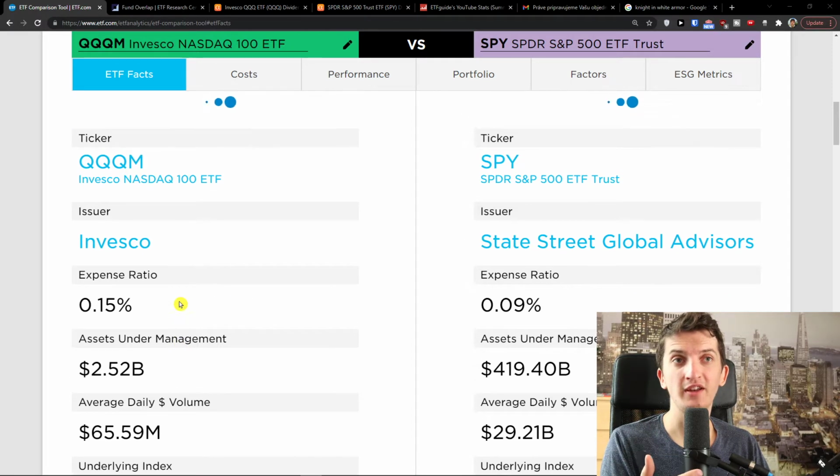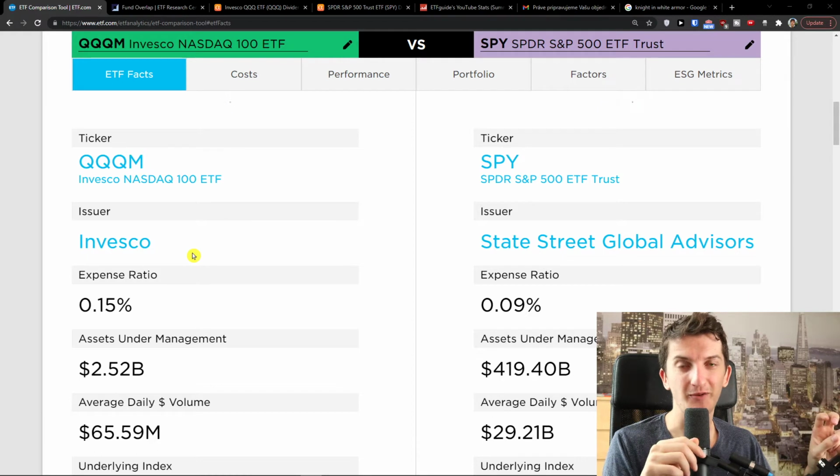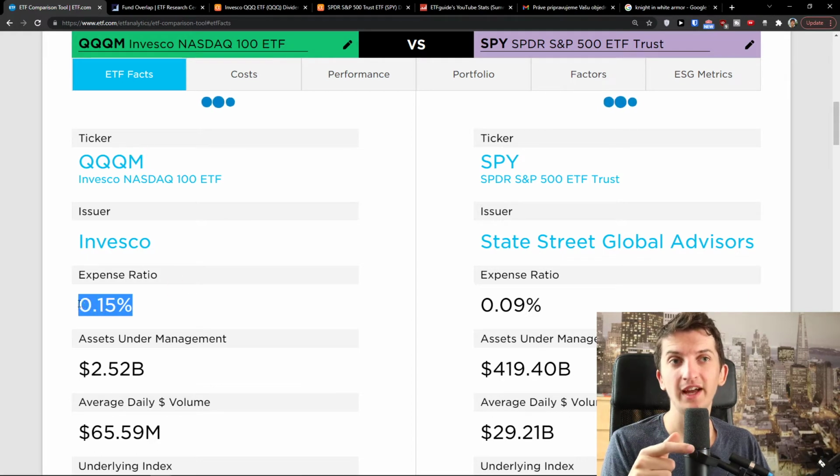QQQM was created by Invesco, I think, to be more competitive on the market, because QQQM is completely the same as QQQ. It's like father and son, but with a lower expense ratio. QQQ has an expense ratio of 0.20 and QQQM has 0.15.